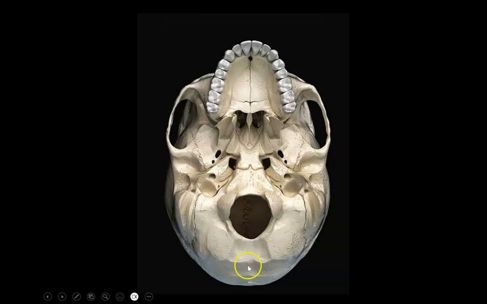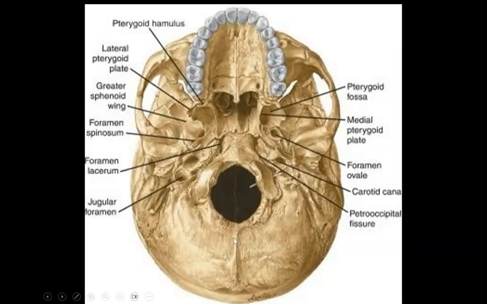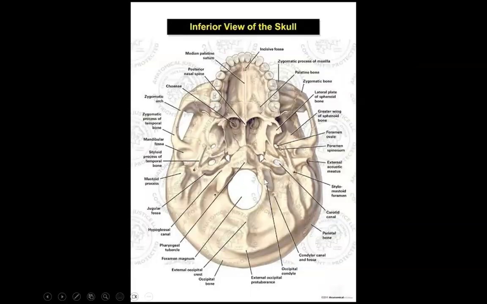And you find here the external occipital protuberance, superior nuchal line, so you can know some lines from below, as you see here: pterygoid, medial, lateral pterygoid plates, the greater wing of the sphenoid, the foramen lacerum, foramen magnum, the occipital condyles.